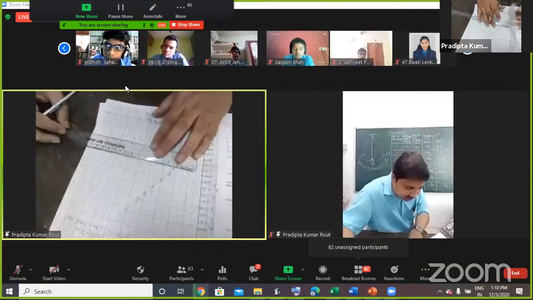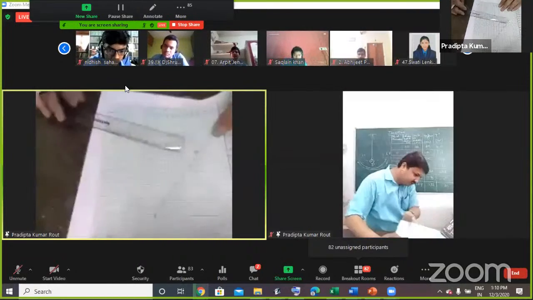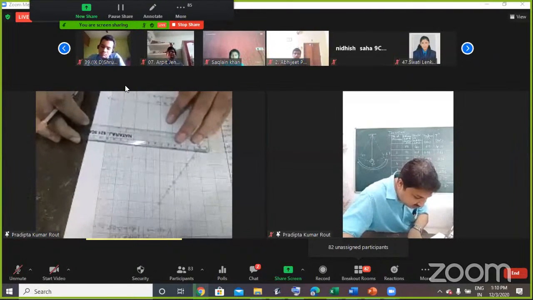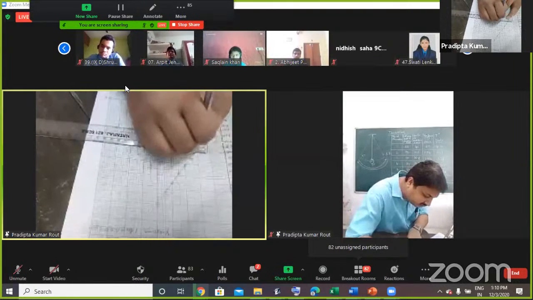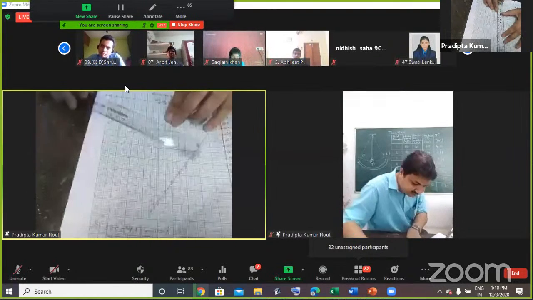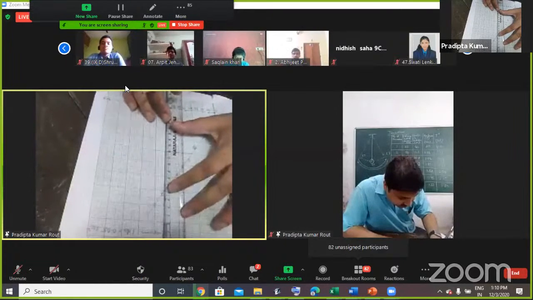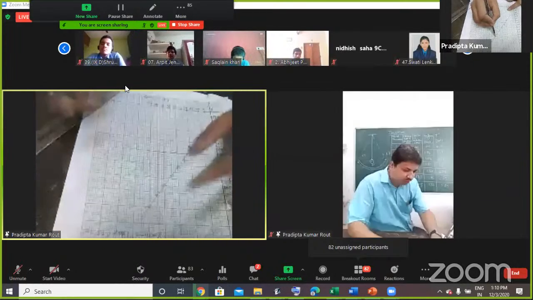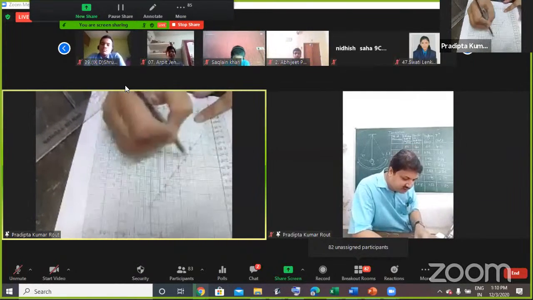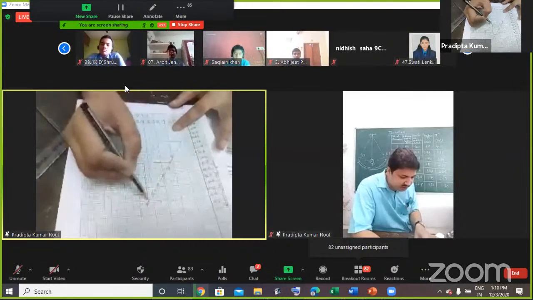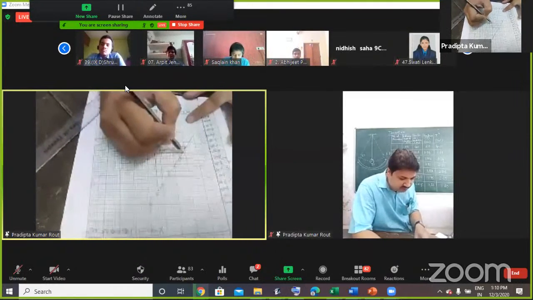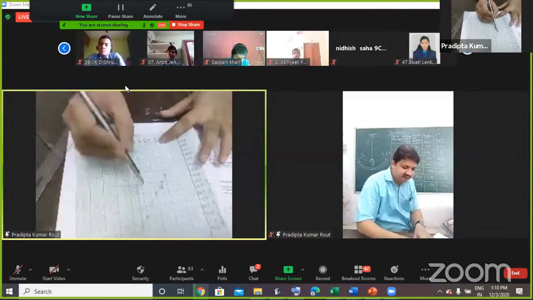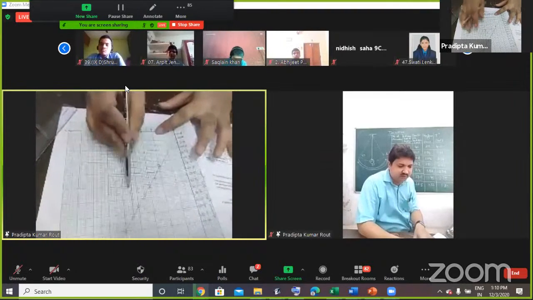Children, you have to draw one right angle triangle like this. The 2 points which we have selected, the distance between them, we will take the hypotenuse. And after that, you just draw perpendicular and base. You have to draw one right angle triangle.